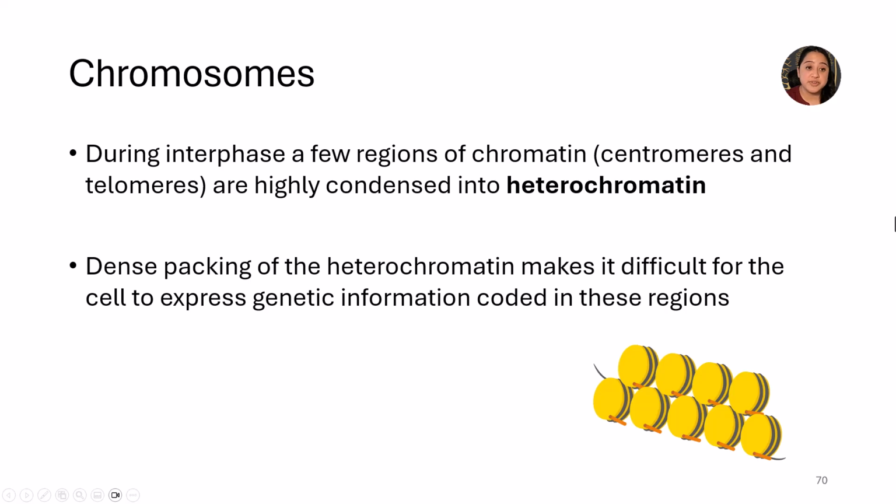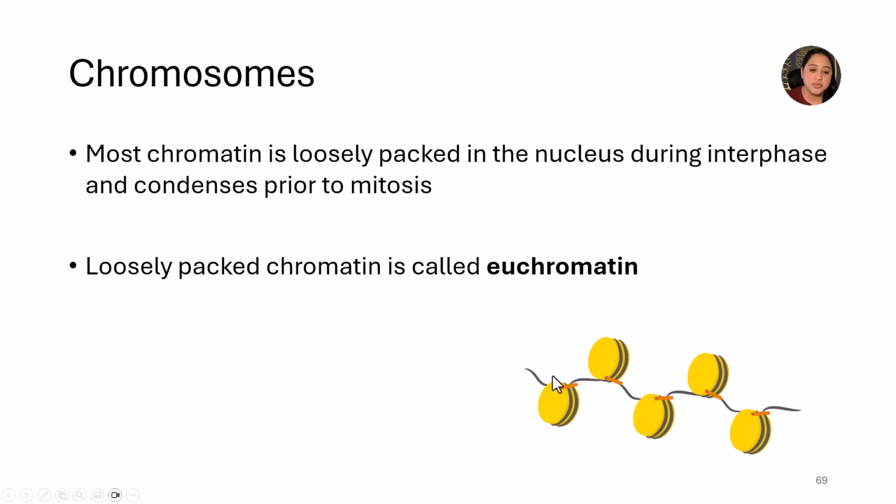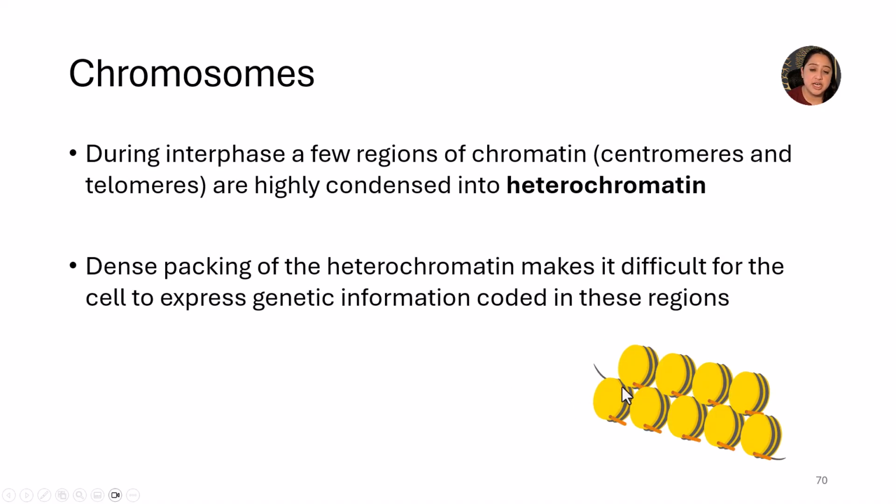So during interphase, a few regions of the chromatin, especially the centromeres and telomeres, are highly condensed into this form called heterochromatin. So it's still chromatin, it's just like the prefix says how tightly it's wrapped. Euchromatin more loose, heterochromatin more tight.